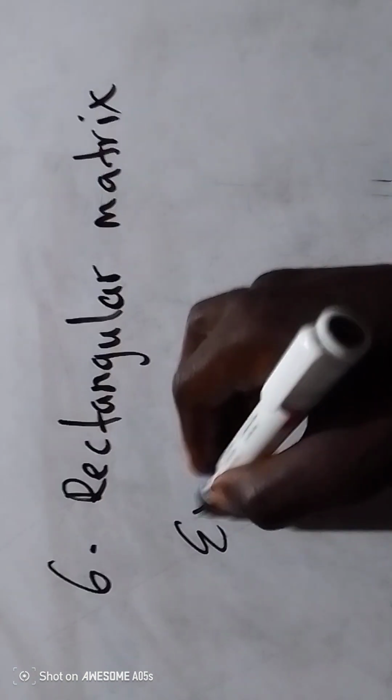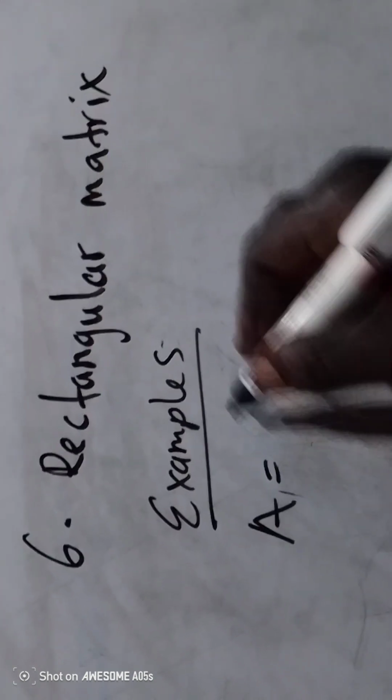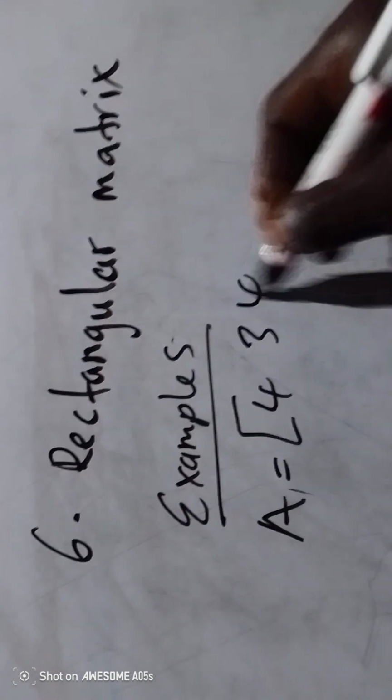The next one which we're going to look at, which is number 6, is called a rectangular matrix. A rectangular matrix is a matrix which has a different number of rows and columns. As long as the number of rows and columns are different, then we're going to have a rectangular matrix. Examples: we can have matrix A equals 4, 3, 4, 5.